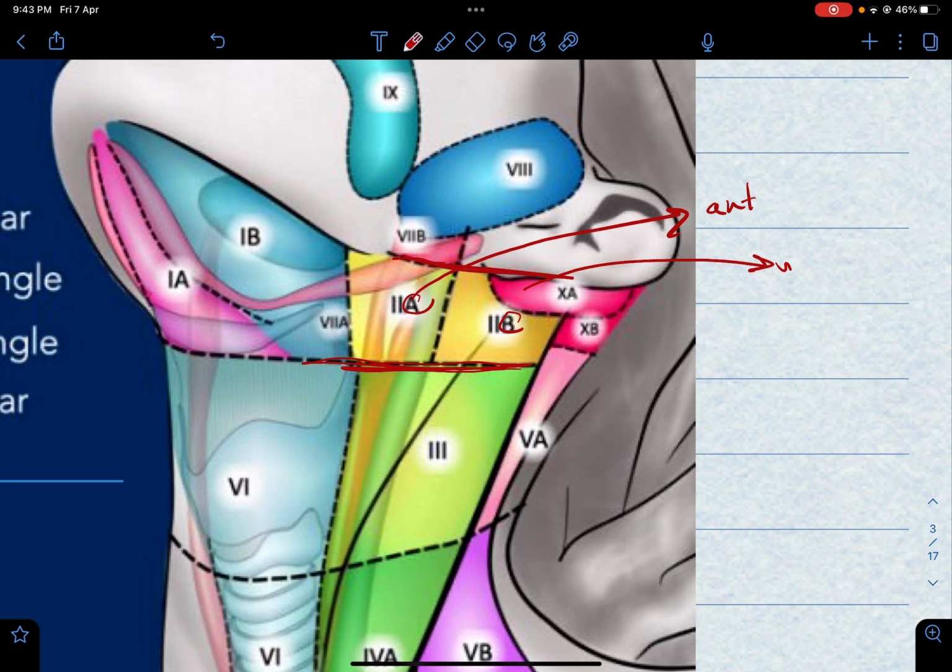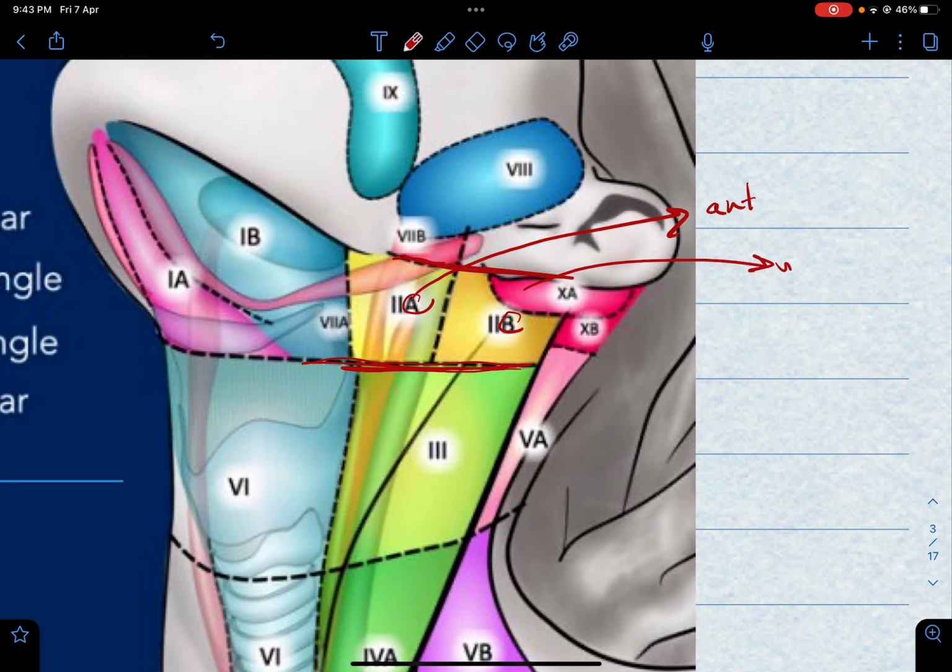Here we've done number 3, which doesn't have subdivisions. Number 4, it doesn't have either. This is a super detailed picture, which I really like. Level 4 is located in the lower part of the jugular.